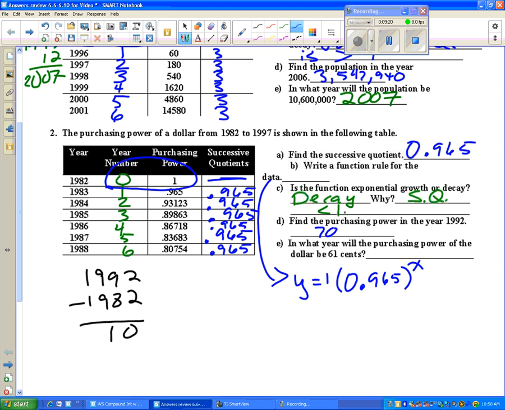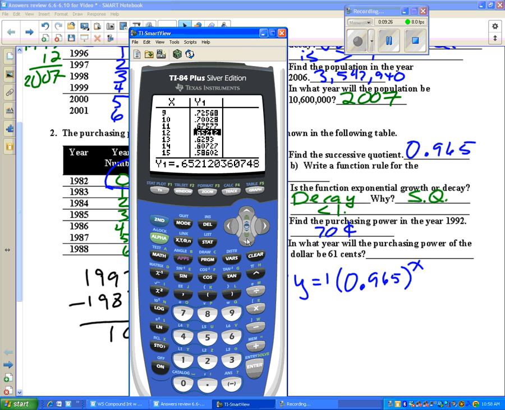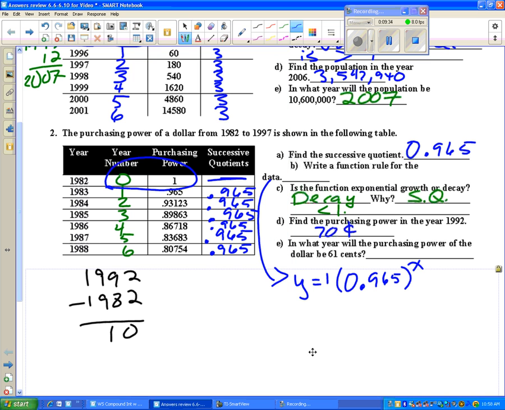When will the purchasing power be 61 cents? 61 cents, like I just did, would be about 14 years. So then I have to do 1982 plus 14, which would be 1996. So this is year 1996. Sorry about that. This is 70 cents. This is the year 1996.